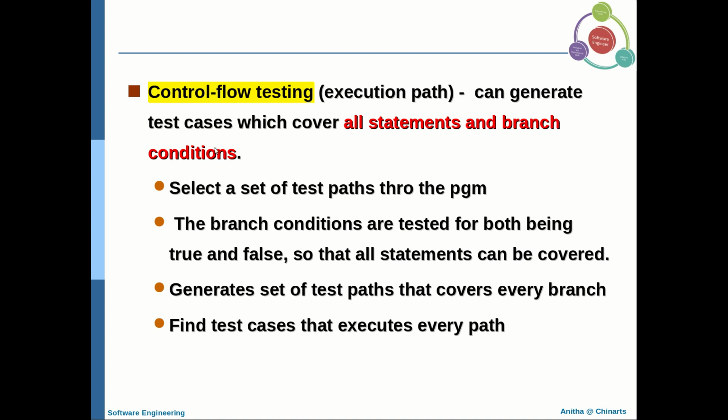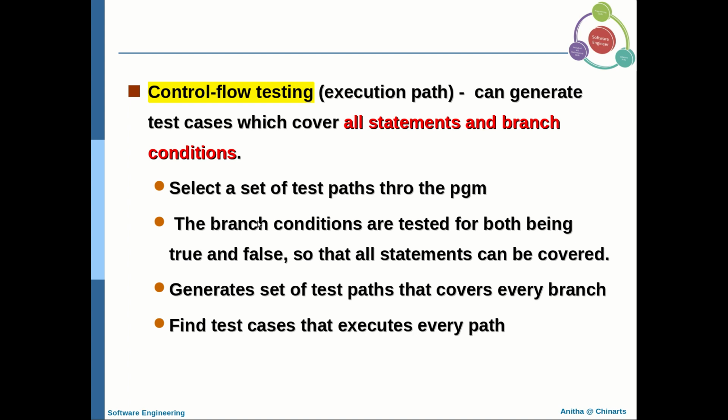Now, control flow testing will generate test cases which will cover all the statements and branch conditions, because we are going to analyze each and every statement, and all the branches that are available in that particular program will also be analyzed. So you generate test cases that will cover all the statements of the program as well as the different branch conditions.